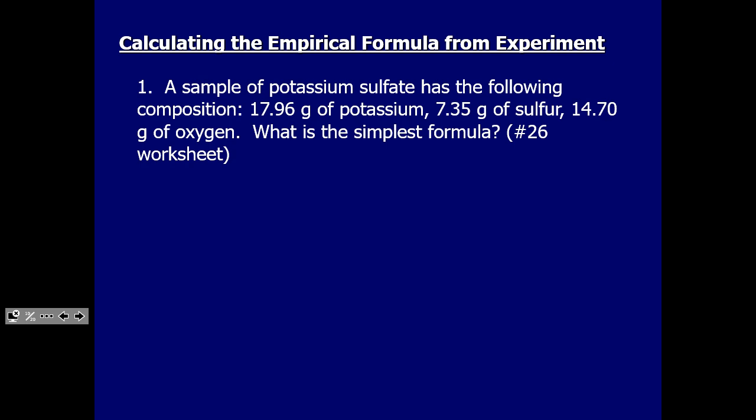So in this case, I'm starting with potassium. Oh, I don't put an equal sign normally because it's not a calculation. But I've got potassium, and I have 17.96 grams, and I am going to divide by the molar mass of potassium, and I'm going to do the calculation the exact same way. So it's actually easier. I don't even have to think about turning it into grams. I am just proceeding. Sulfur, and I don't know the molar mass of potassium offhand, that's why I'm not writing it down yet. 7.35 grams divided by, oh, that one I do know, 32.0.